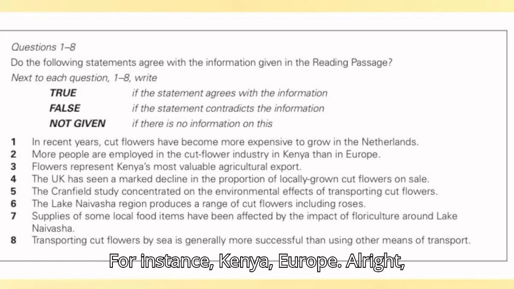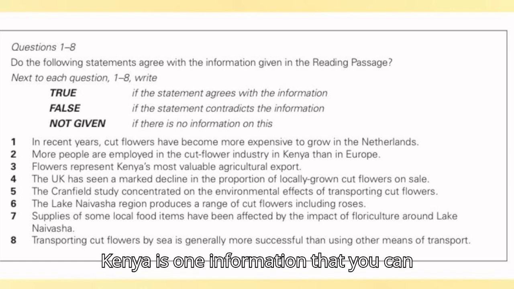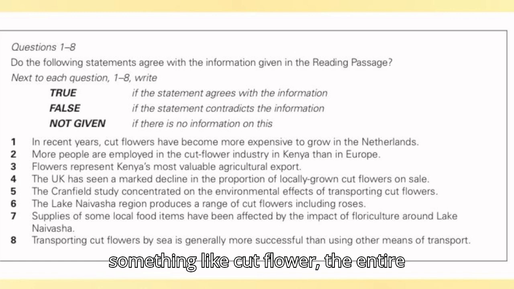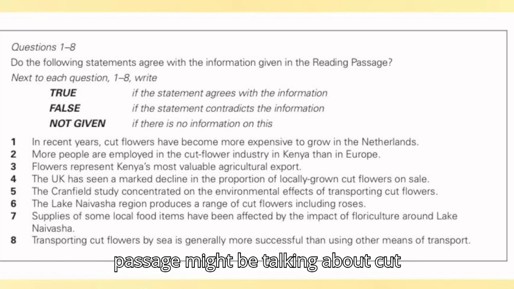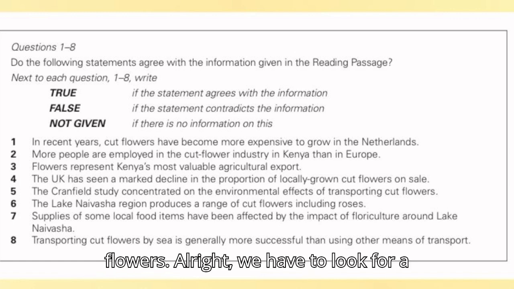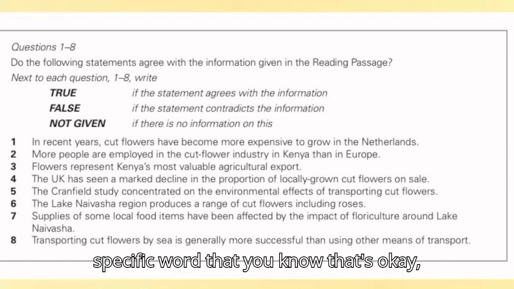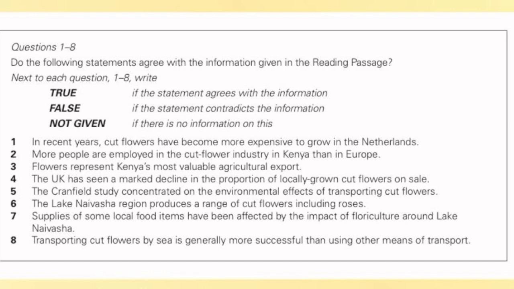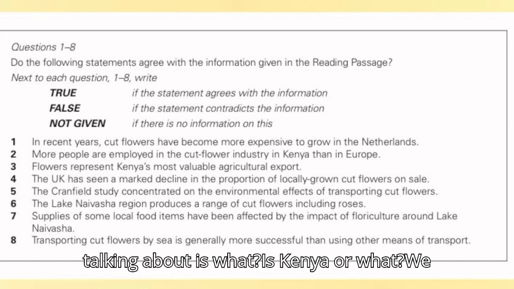For instance, Kenya, Europe. Kenya is information that you can easily find. But when you're looking for something like cut flower, the entire passage might be talking about cut flowers. So you have to look for a specific word that you can easily find. The word we're talking about is Kenya, or we go for Europe.